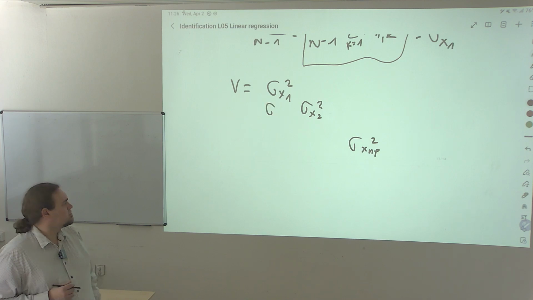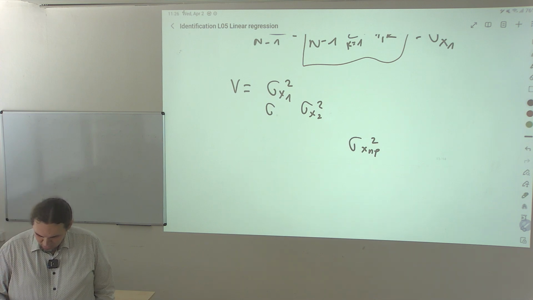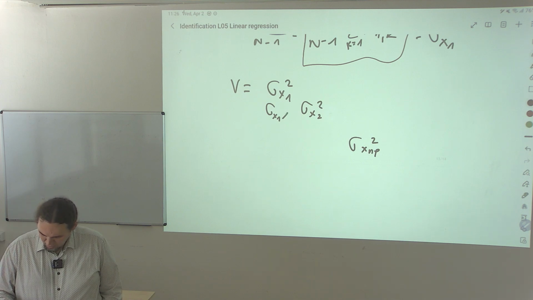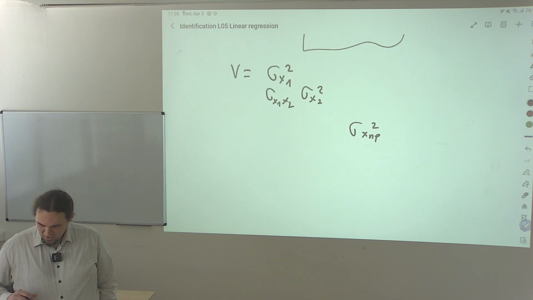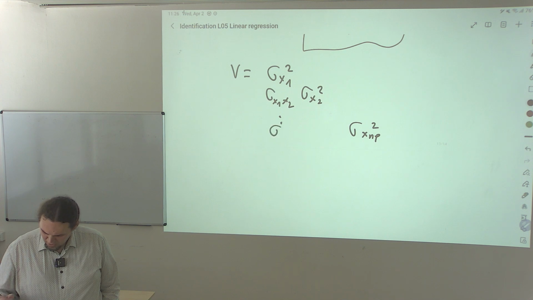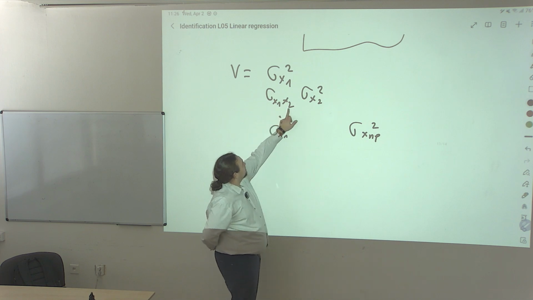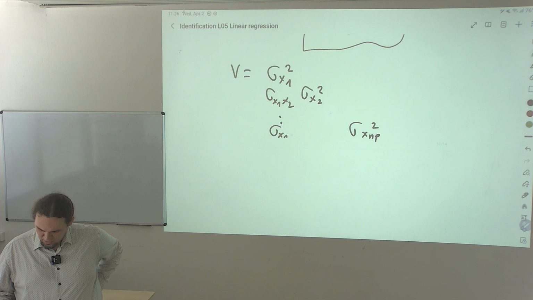Let's have some sigma notation for them, but let's also attribute these cross terms to the corresponding variables: variable 1 with variable 2, variable 1 with variable 3, variable 1 with variable 4, until the number of variables. Now it becomes too many indices.